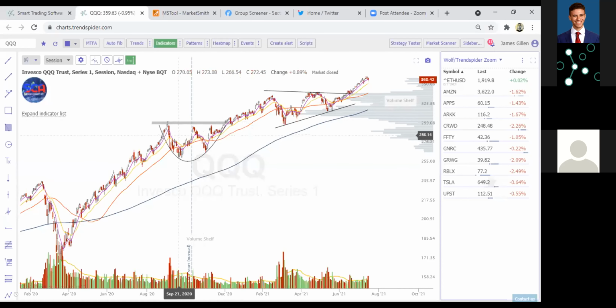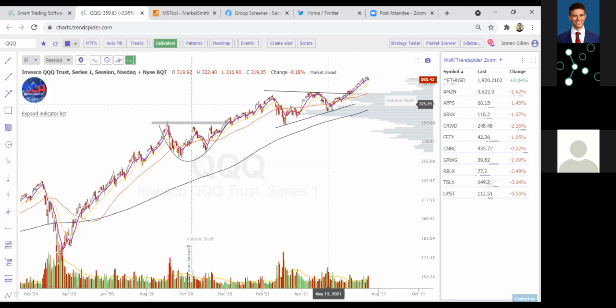Same thing over here. Once we broke out of this consolidation period, market breadth was expanding. Out of this particular breakout and off of the lows over here, the market breadth has been deteriorating the last few months, and that's always a warning sign for me, as the indices such as the S&P and the NASDAQ are making new highs. Market breadth is continually deteriorating.